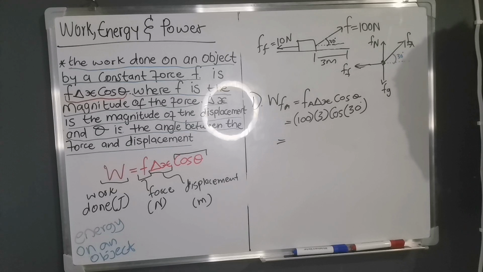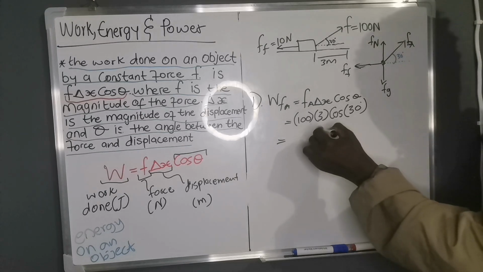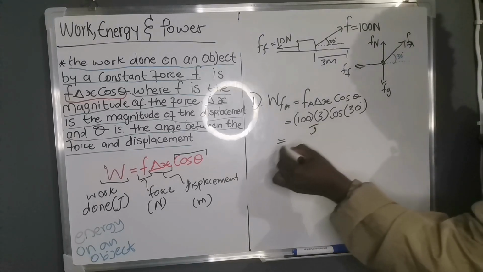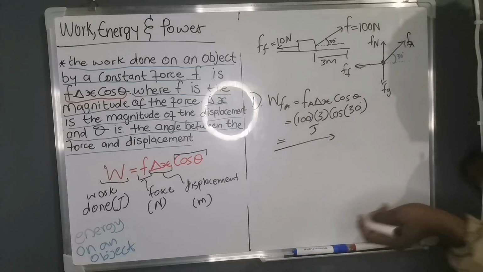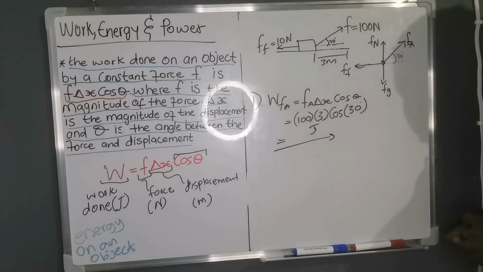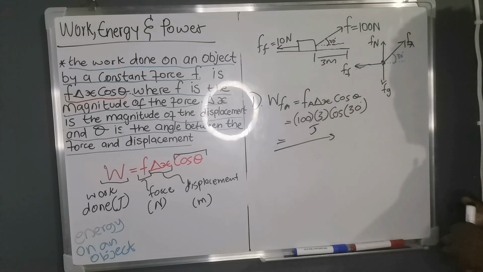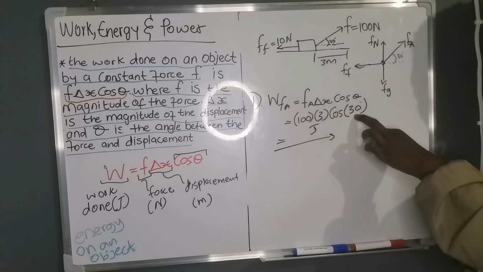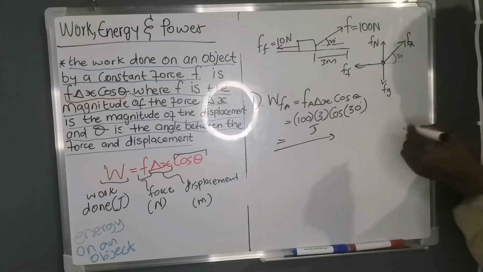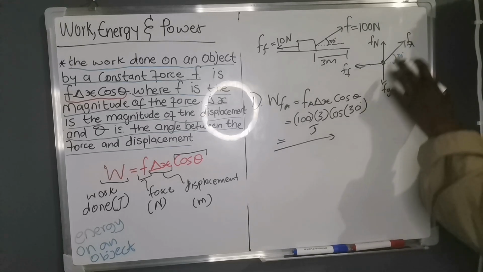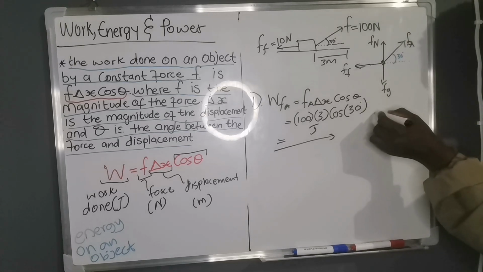I'm not sure guys, I don't have my calculator right now. Just find the value here, but obviously it's going to be positive work, because the displacement is in the same direction as our force. So I hope you can see how to find theta. Please acclimatize yourself with how we find theta the way I do, because it's so simple.